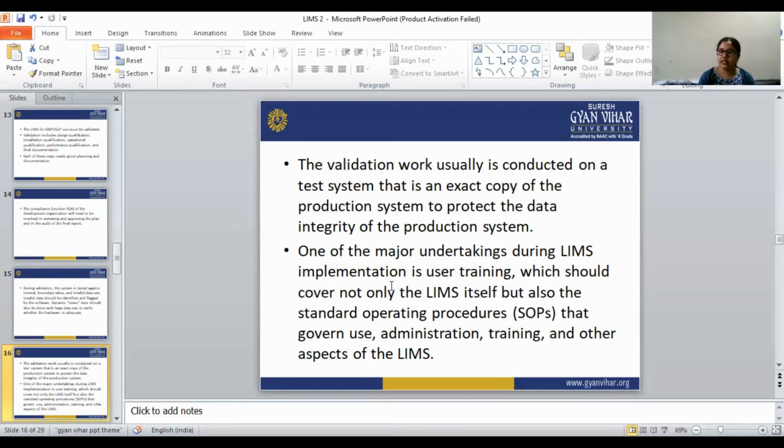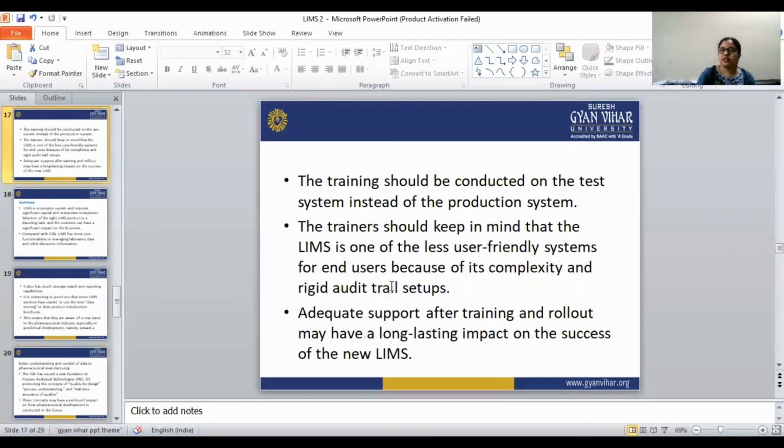Training is a must while handling the LIMS. The training should be conducted on the test system instead of the production system. So validation and training are both conducted on the test system. Why? To secure the data of the production system.